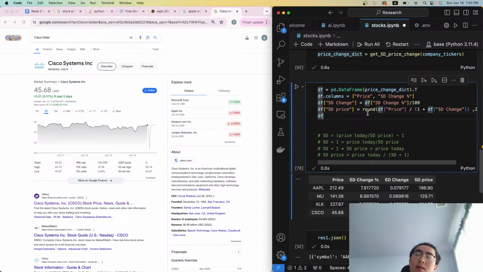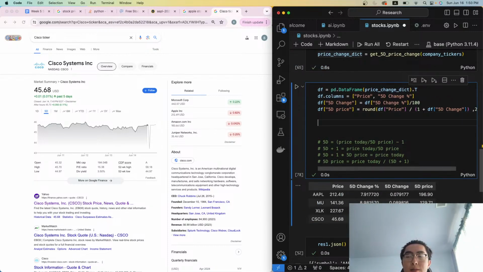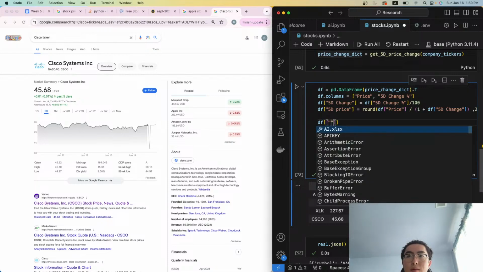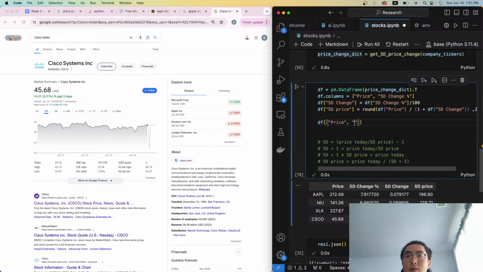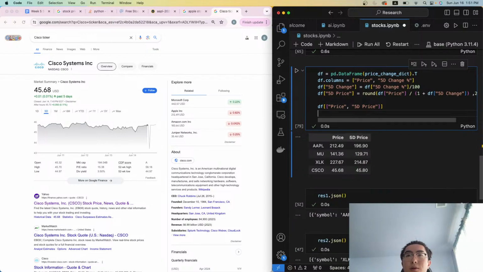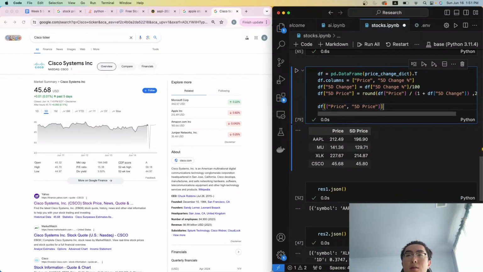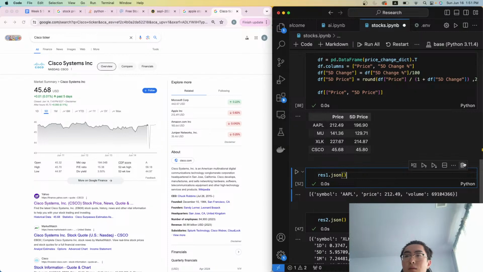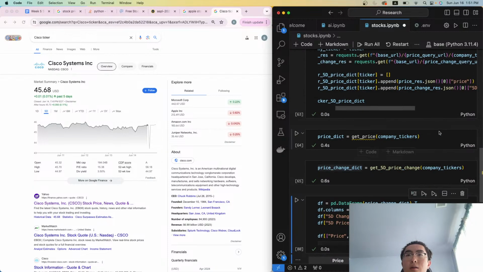Okay, and then let's grab all the columns that we really care about. So df to price and then 5-day price. Okay, that's pretty good. Don't need these anymore.